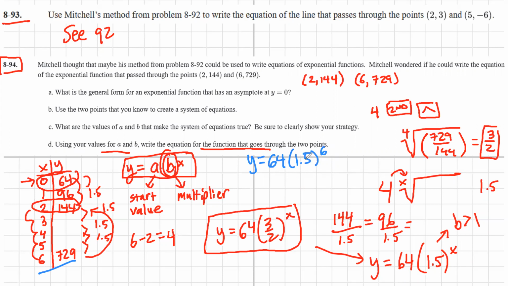Put this in your calculator and see what you get. 64 times 1.5 to the 6th power is 729. So that tells me my equation is working, because I plugged in a value and I got the value I'm supposed to get. If I plug in 2, I should get 144. If I plug in 1, I should get 96, and so on and so forth.